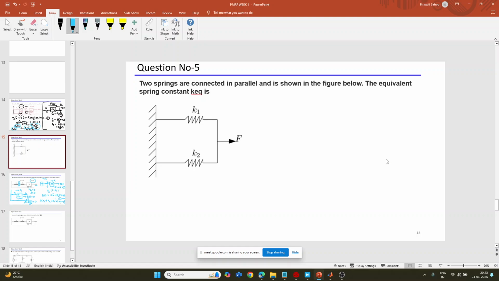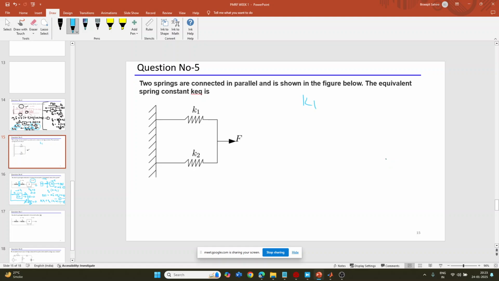This is the last question from the system modeling. By looking at the question, can you tell me what is the equivalent spring constant? K1 K2 by K1 plus K2. Okay, good.